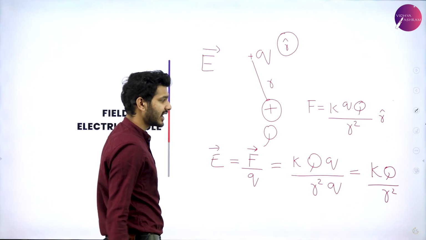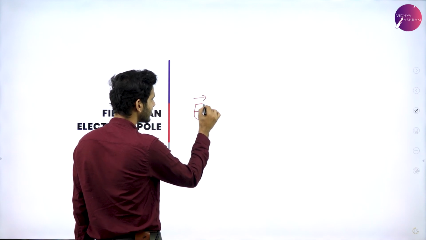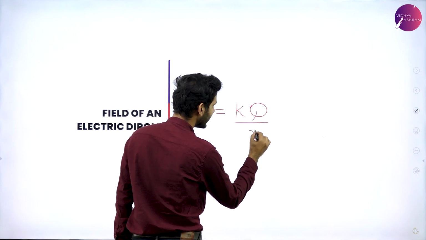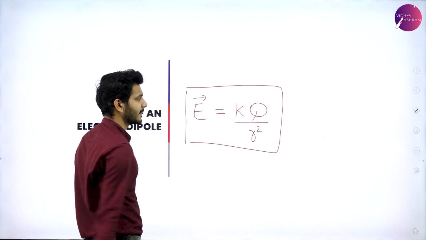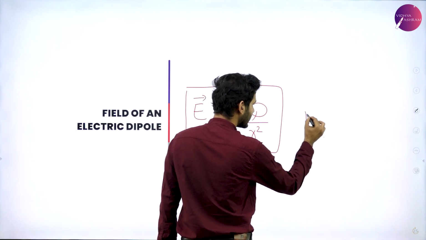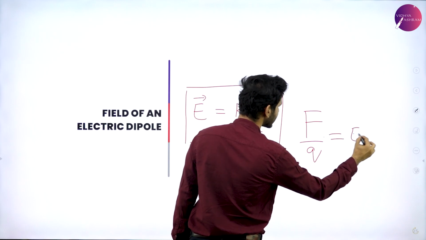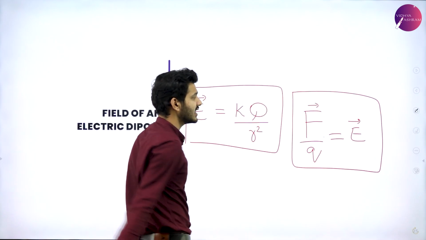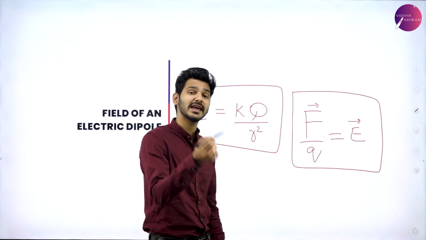So we can write the electric field equation as capital E equal to K Q divided by R square. This is the equation denoting electric field. And another equation is the definition itself, that is F by Q is equal to E, which just means that the electric field is nothing but the force experienced by a unit test charge placed at a point.